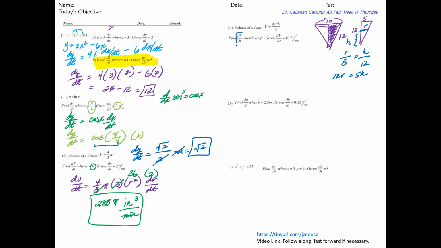And given the fact that I want to find dh over dt, I have to solve. So r is equal to something times h, because I want everything in terms of h, because I'm trying to find dh over dt. So I solve for r. So if I solve for r, I have r equals 5 over 12 h.